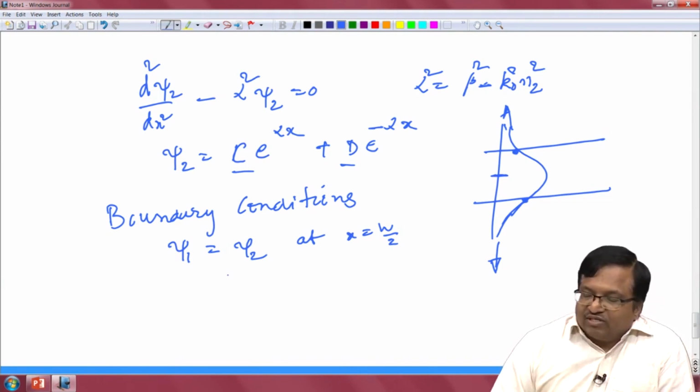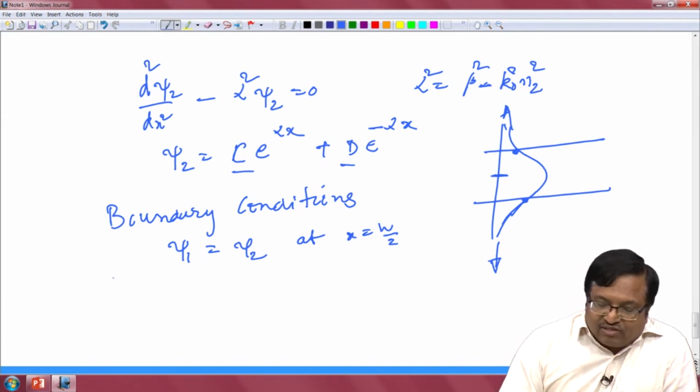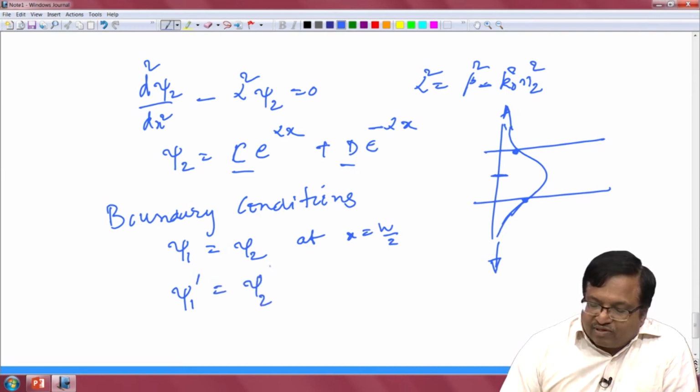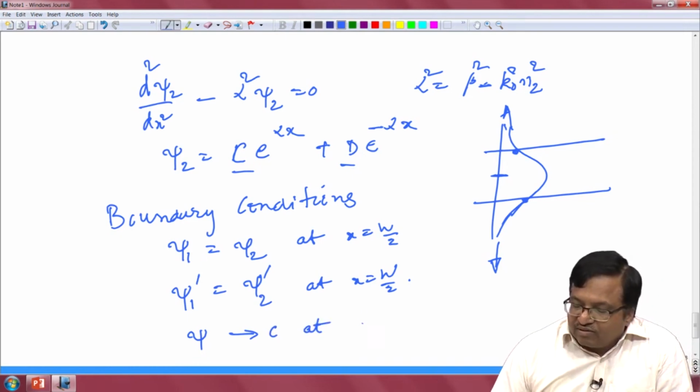we have many arbitrary constants in the solutions. So, we need more boundary conditions to evaluate the further constants. Let us force one more boundary condition saying that the derivatives of the fields are continuous at x equal to w by 2 and the fields go to 0 at x equals infinity.